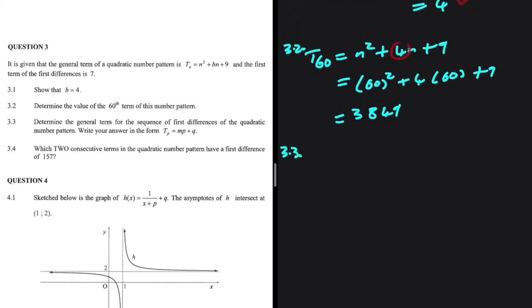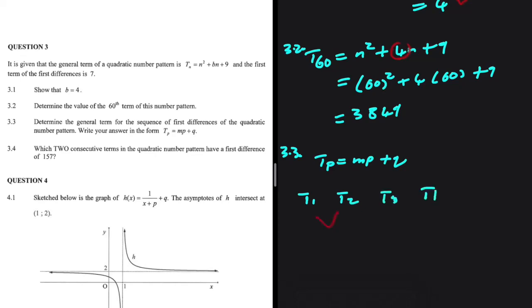In 3.3, we're supposed to determine the general formula for the sequence of first differences of the quadratic number pattern. And we're supposed to write our answer in the form Tp is equal to mp plus q. Let me show you something. Let's say we have T1, T2, T3, and T4.